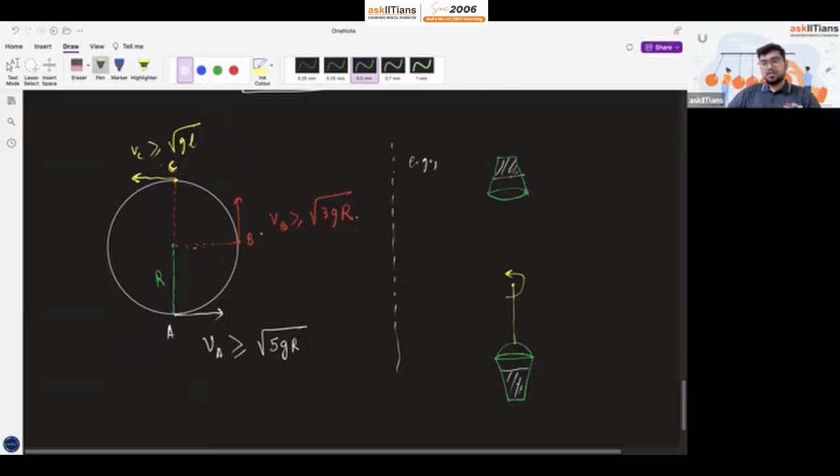It shouldn't fall. But the question is, why does it happen?